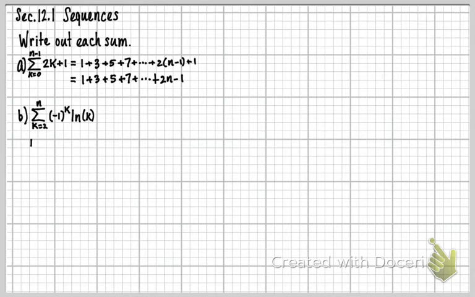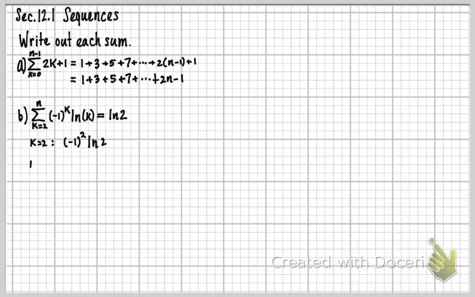So if k equals 2, that means for this -1 part, I get -1 squared, which is actually going to be a positive 1, and then times ln of 2. So since this is positive now, my answer for this is going to be ln of 2.